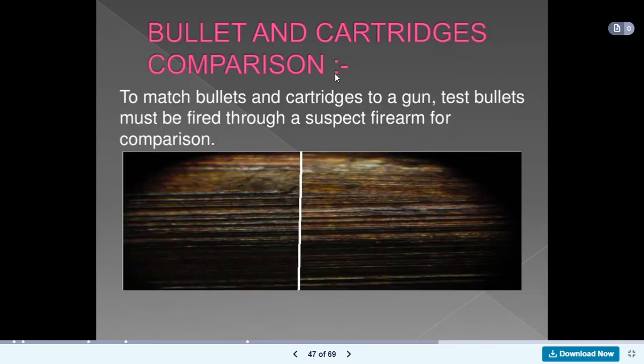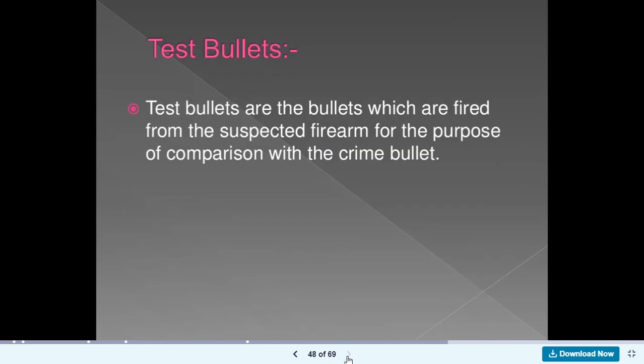So, bullet and cartridge comparison. To match the bullet and cartridge to a gun, test bullets must be fired through a suspect firearm for comparison. So, para may comparison.